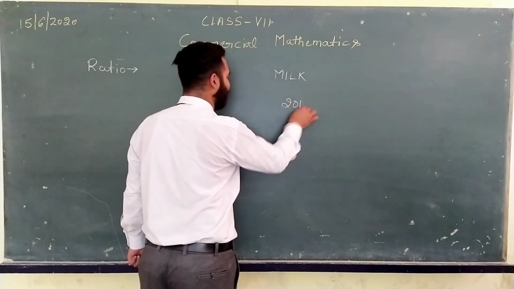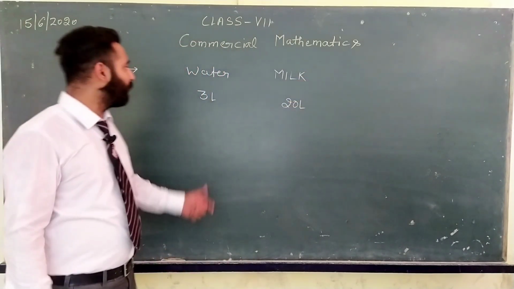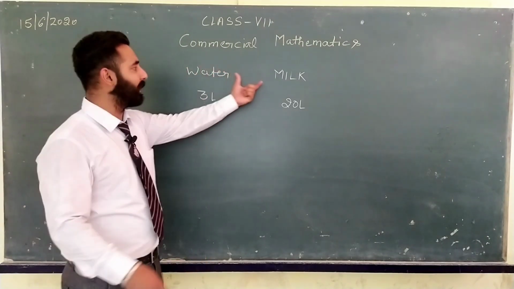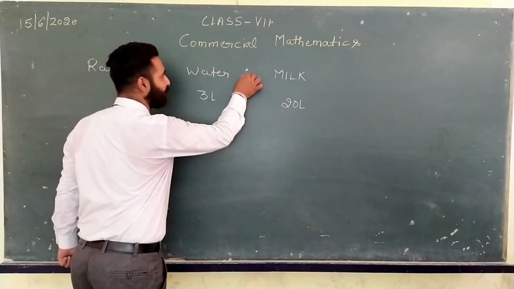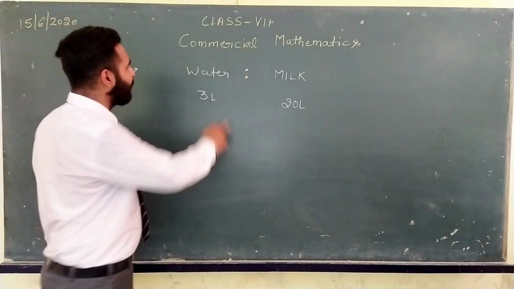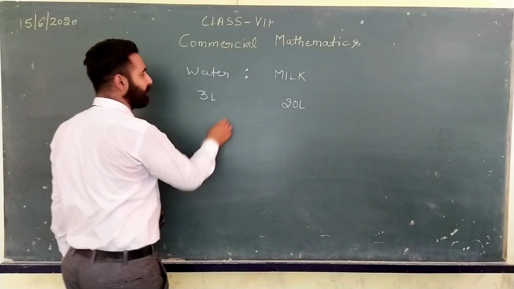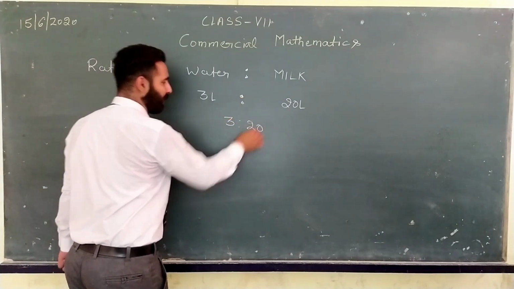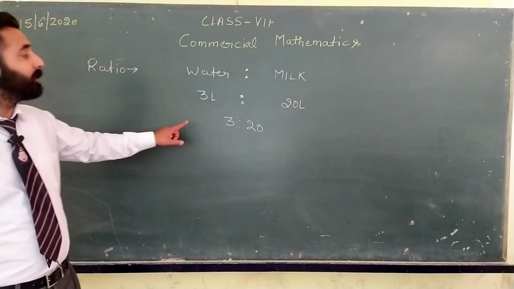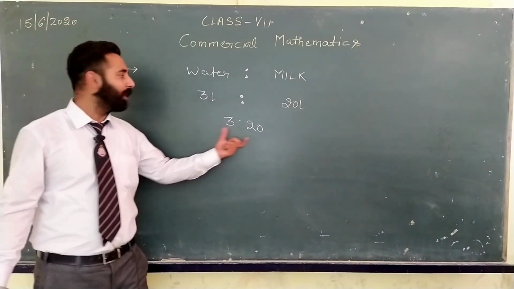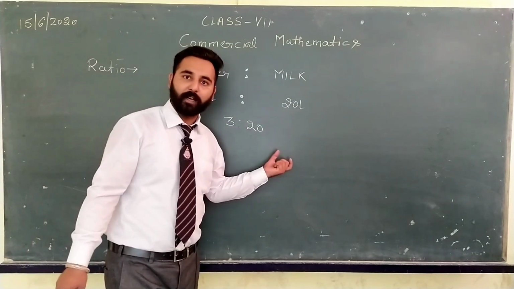So we can say the ratio of water to milk is 3:20. Now it doesn't mean that we are having only 3 liters of water in that solution or 20 liters of milk in that solution.